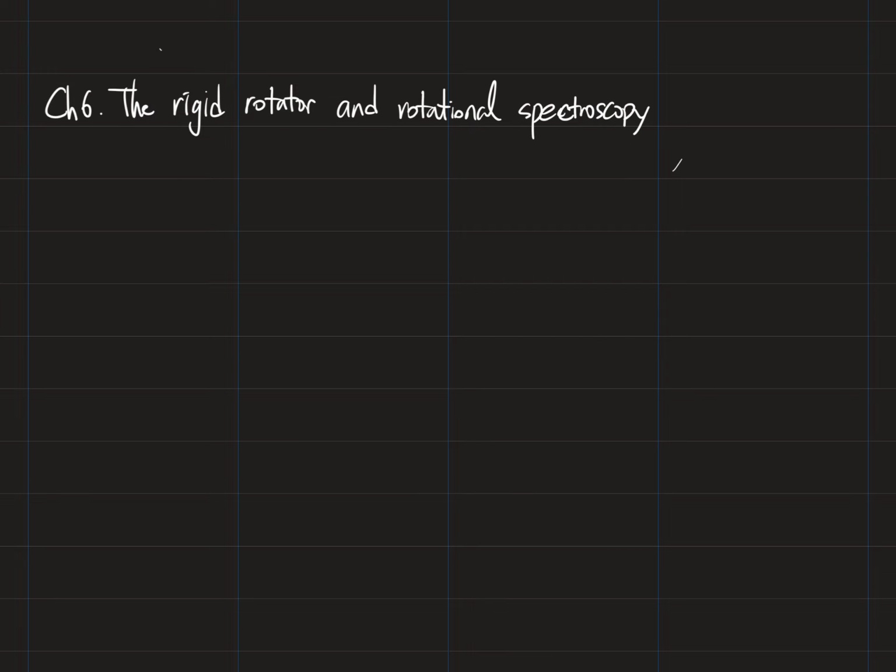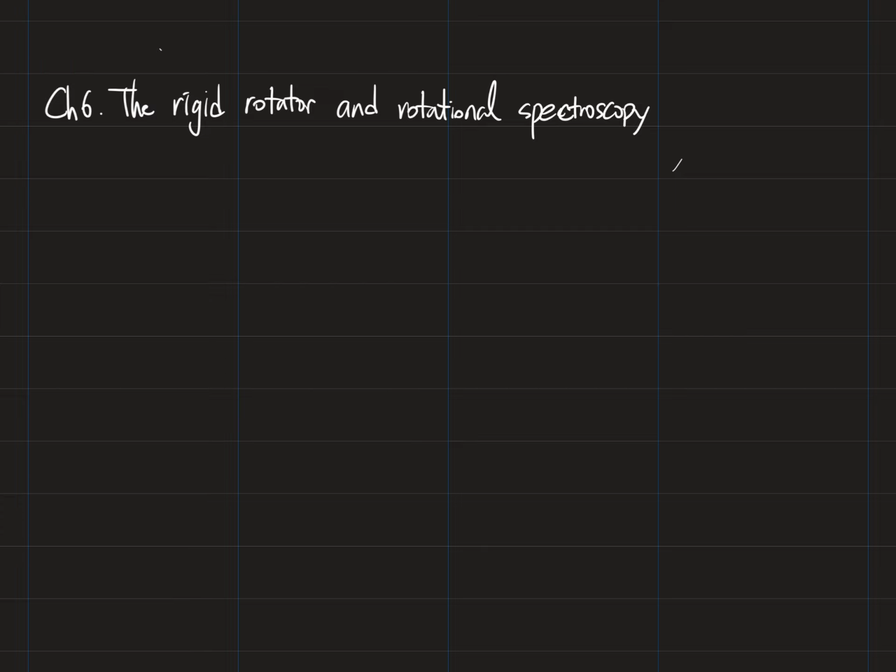Rigid rotator. So chapter 6 is the rigid rotator and rotational spectroscopy. In the previous chapter, chapter 5, we learned the harmonic oscillator. The harmonic oscillator is the toy model for describing the vibration motion, and it describes the vibration motion of diatomic molecules really well.